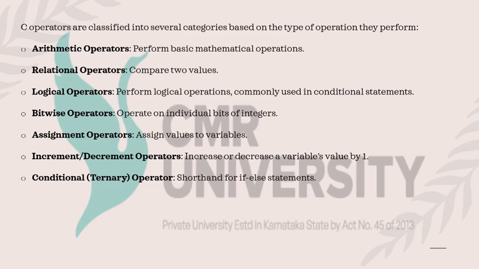C operators are classified into several categories based on the type of operation they perform. Arithmetic operators perform basic mathematical operations. Relational operators compare two values. Logical operators perform logical operations, commonly used in conditional statements. Bitwise operators work on individual bits of integers.